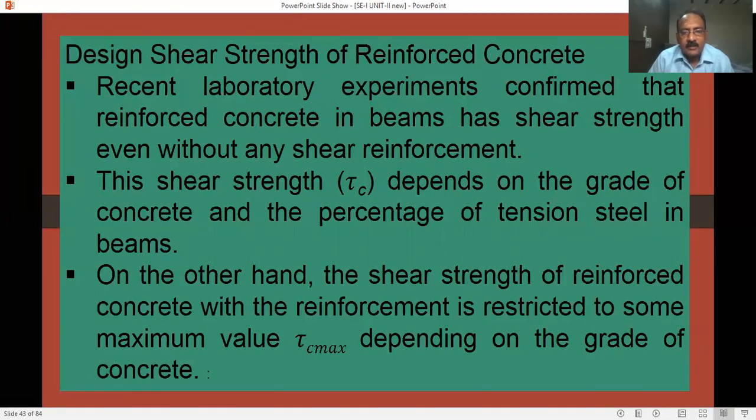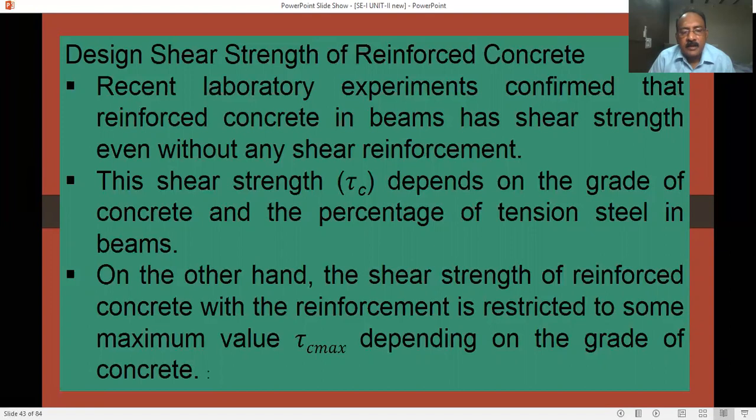How much shear strength is taken by concrete depends upon the grade of concrete. If you go for M15 grade of concrete, you know what M15 is: characteristic strength 15. So it will take little shear strength. And if you go for M25, shear strength will be more.